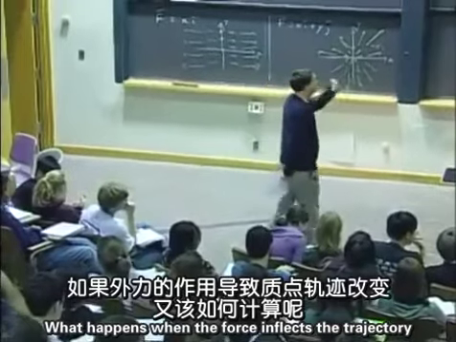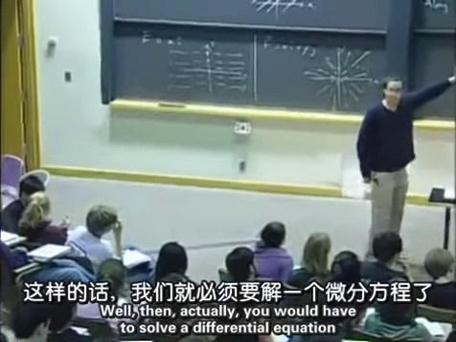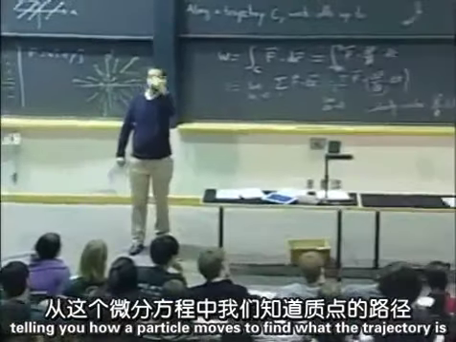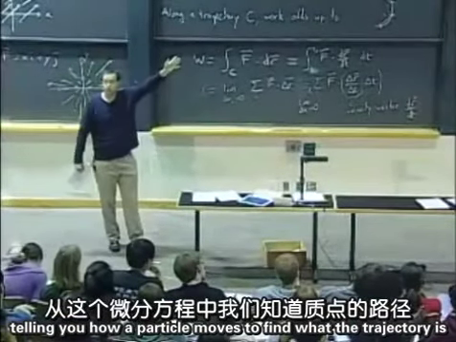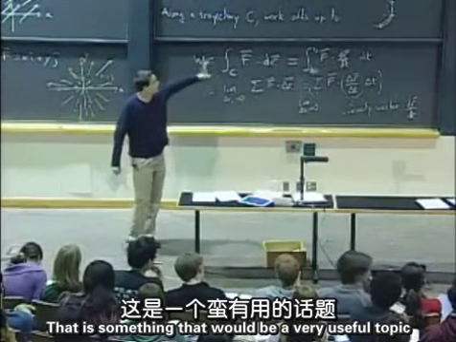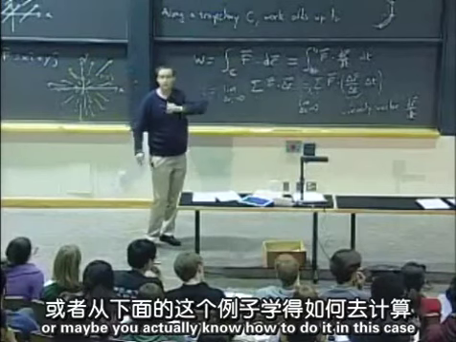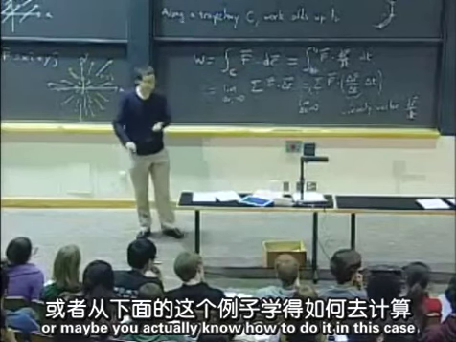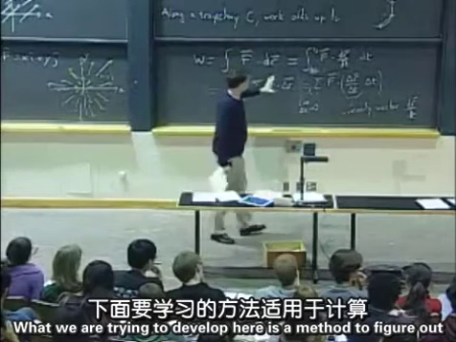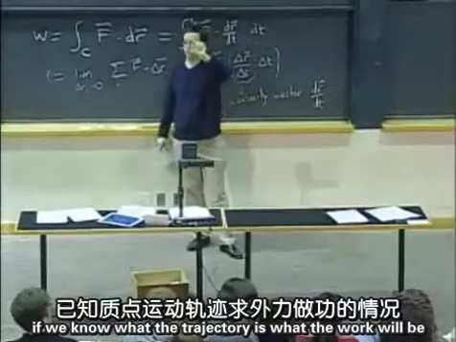Any other questions? Oh, yes. What happens when the force inflects the trajectory? Well, then you'd have to solve a differential equation telling you how the particle moves to find what the trajectory is. That would be a very useful topic, and that's probably more like what you will do in 18.03. What we're trying to develop here is a method to figure out what the work will be if we know what the trajectory is.